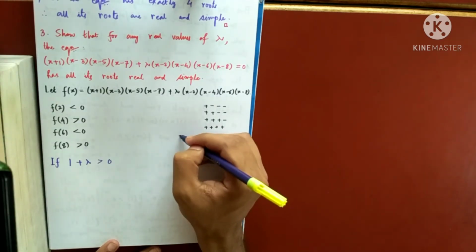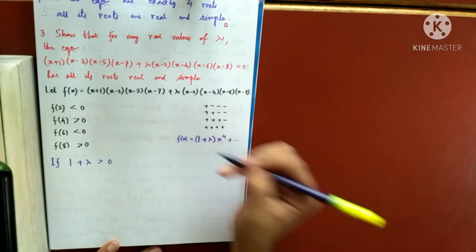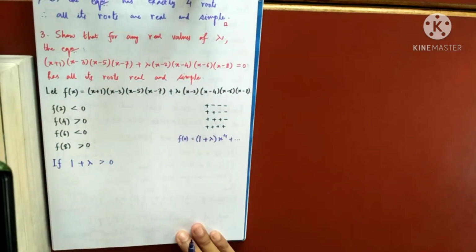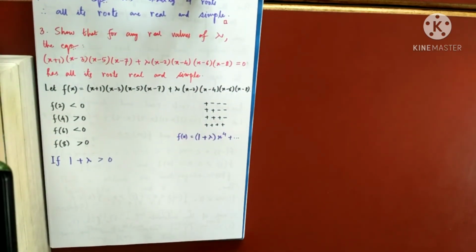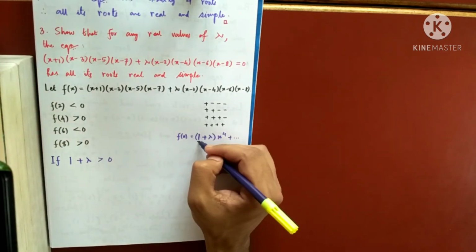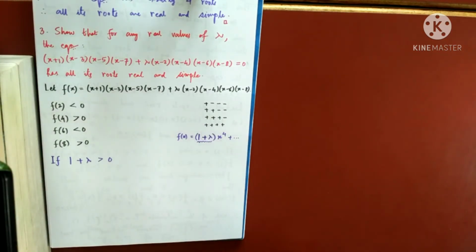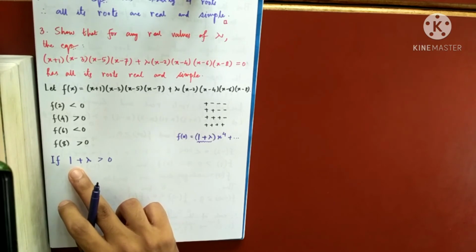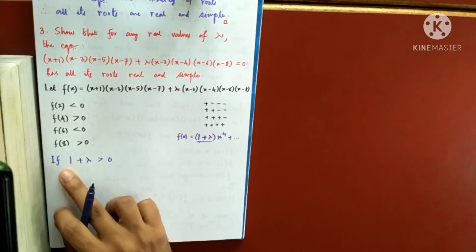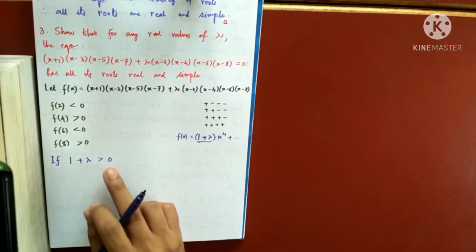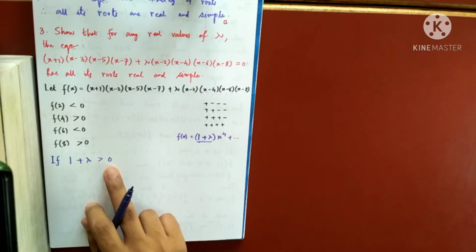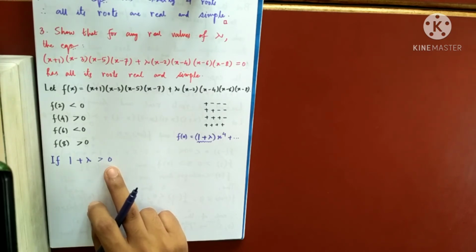So when determining f of infinity or f of minus infinity, it will be positive or negative depending upon whether this coefficient is positive or negative. So that is the reason I am considering this case now. If 1 plus lambda is a positive quantity, did you get my point? Why am I considering this?